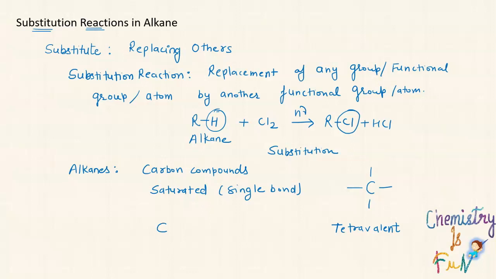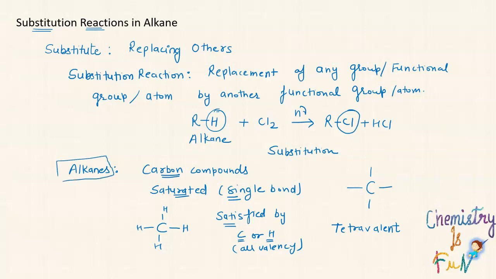So when all the valencies of carbon are satisfied either by carbon or by hydrogen, these type of carbon compounds which are saturated with single bonds, then the carbon compounds are known as alkanes.